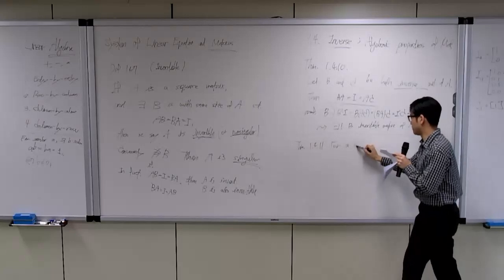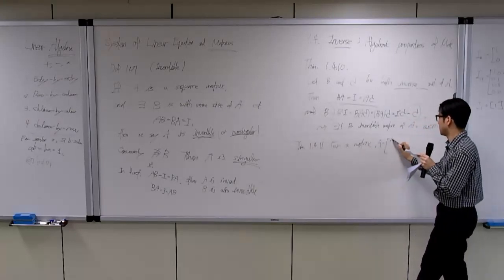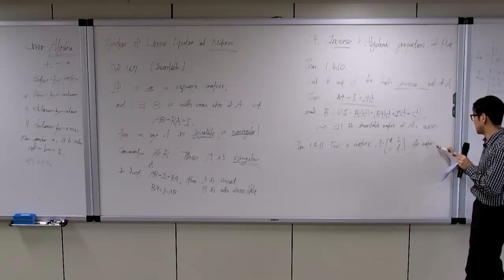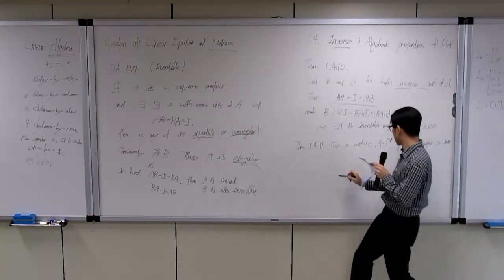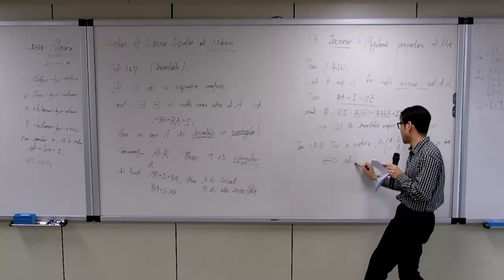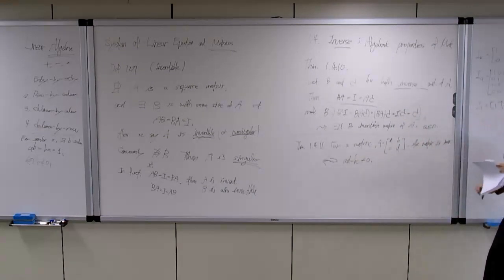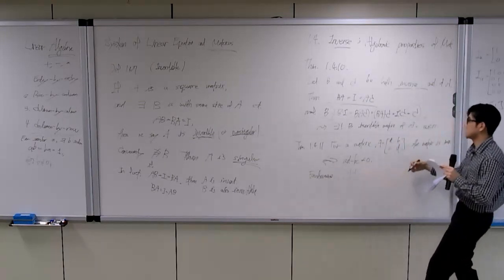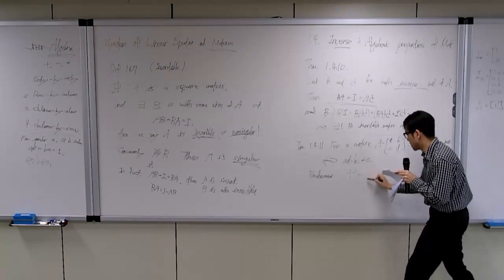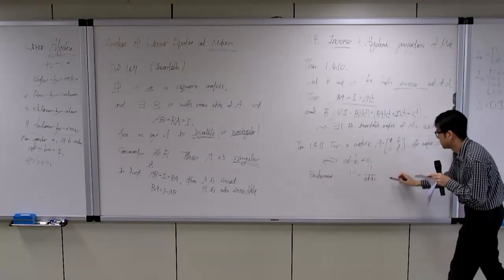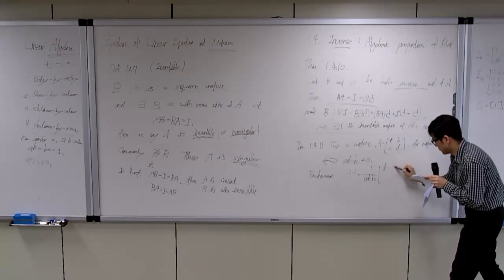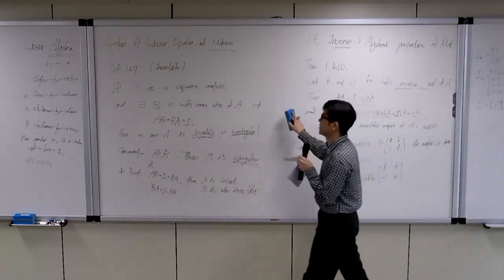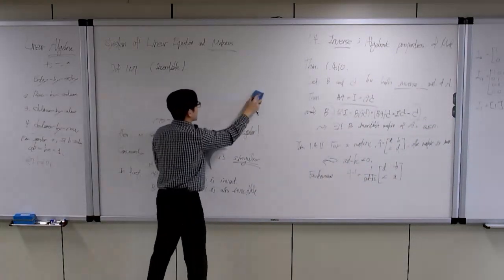So I will give a matrix A, B, C, D. The matrix is invertible if and only if AD minus BC is non-zero, and furthermore, the inverse matrix of A will be written as 1 over AD minus BC times D, minus B, minus C, A. If we have this formula, then it will give easier calculation.